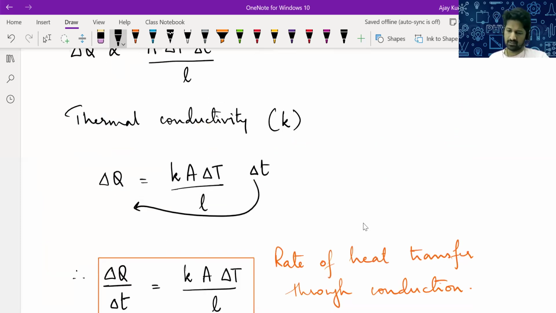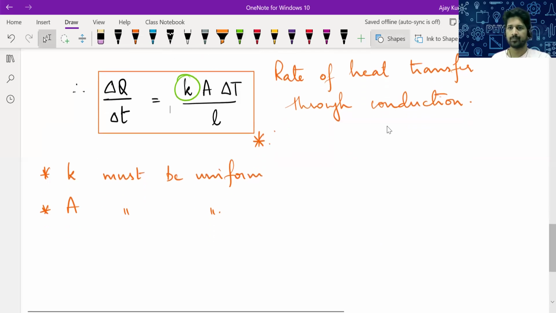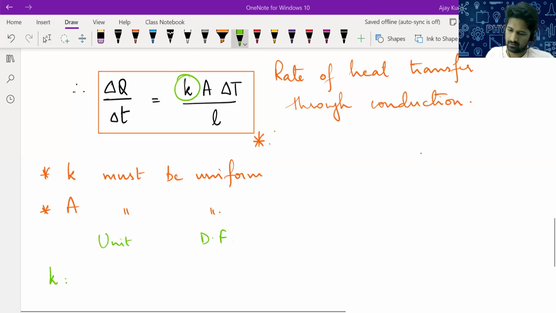First of all, derive the SI unit and dimensional formula of thermal conductivity. Do it all of you quickly. SI unit and dimensional formula of thermal conductivity K. Heat will be in joules.